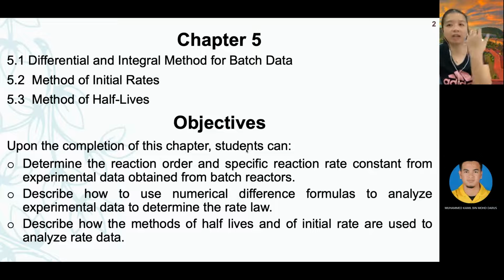Meaning, if katakan we want to design a reactor, we assume we already have this information either from literature or from other studies. So basically, if your reaction is a common reaction, meaning reaction yang selalu has been discovered, reaction that has always been applied, most of the time you may be able to obtain the values from literature, okay, ataupun daripada other studies.